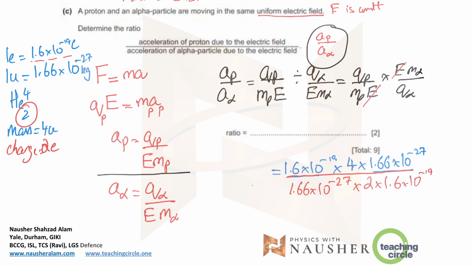If you're wondering, can I simply write this as E? Sure, why not. This is E. Can I write 4 into 1.66 into 10 to the power minus 27 as 4U? Be my guest. Absolutely. Can I write 1.66 into 10 to the minus 27 as U? Of course. Can I write 2 into 1.6 into 10 to the minus 19 as 2 times E? Absolutely. So just simplify. U will get cancelled. E will get cancelled. You'll get 4 over 2. The answer is 2.